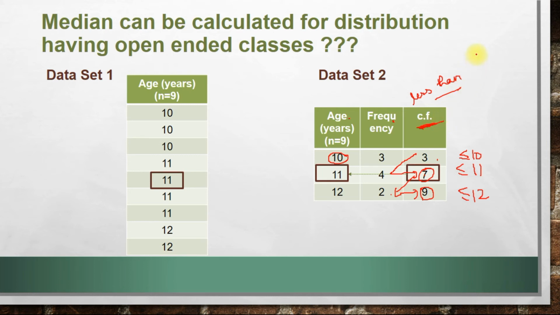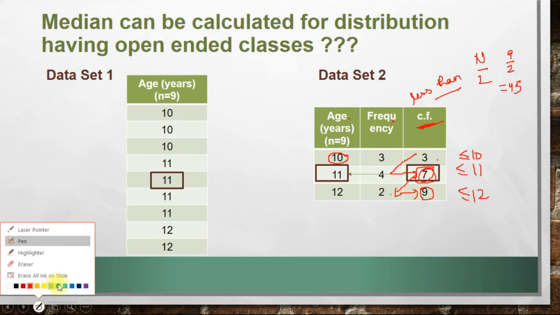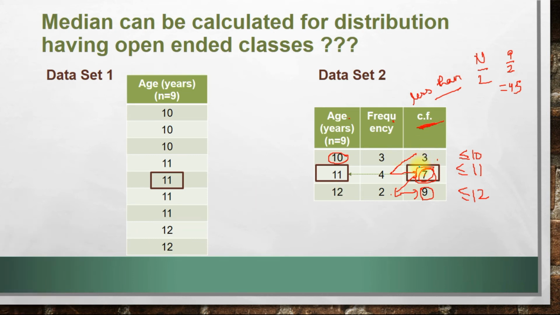Now we have to compute n by 2. Here n is 9, so 9 by 2 is 4.5. The second step is to find the cumulative frequency just greater than n by 2.